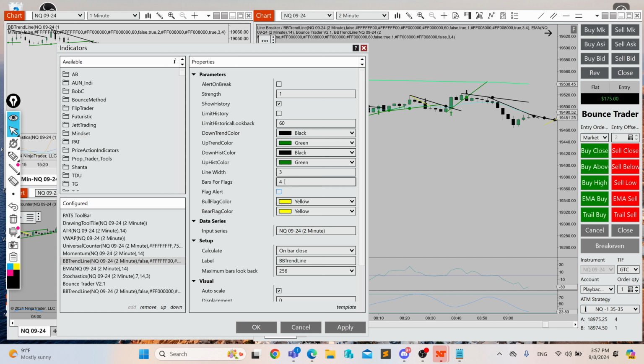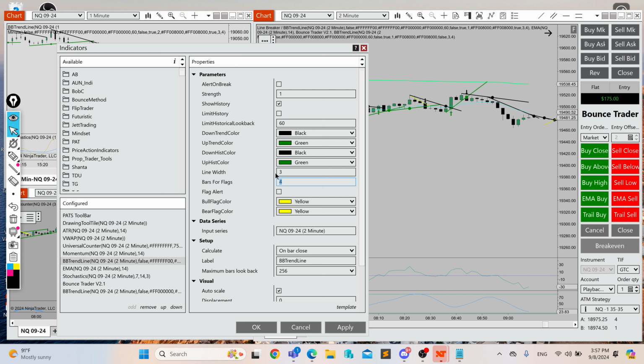And here's what I want to point out: this bars for flags. If we specify 4 here, it means the last 4 bars have to have lower highs, like in this condition we have 4 lower highs.